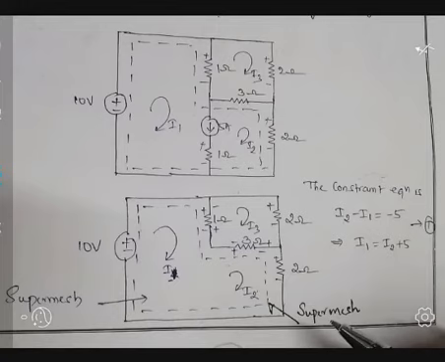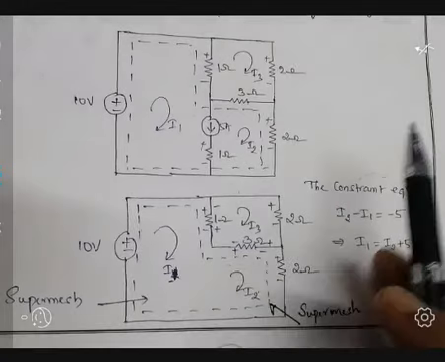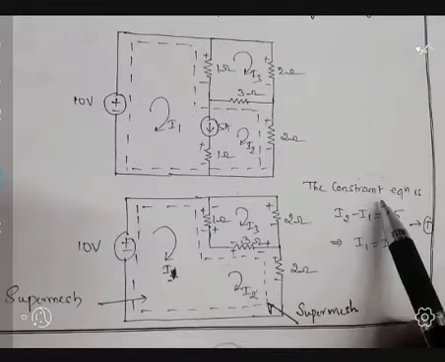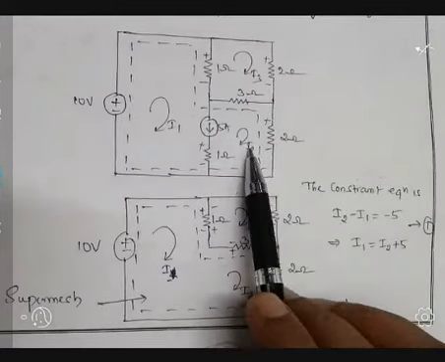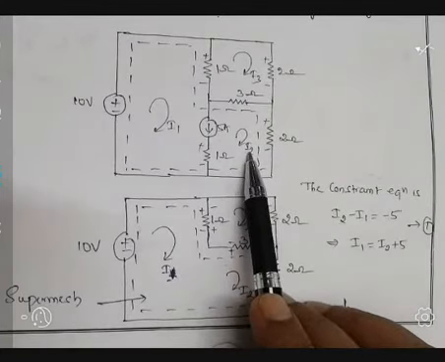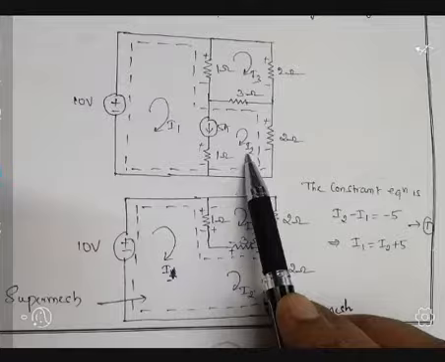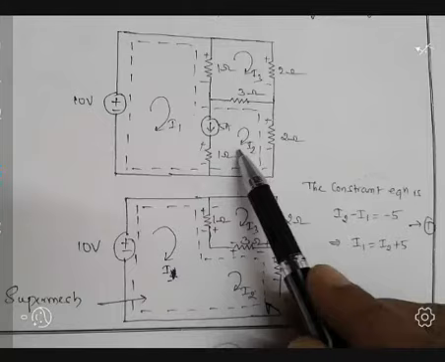Now apply the KVL. Before applying KVL, from the given network, I am going to write the constraint equation. I have taken current I2 as a reference, so it becomes plus I2.